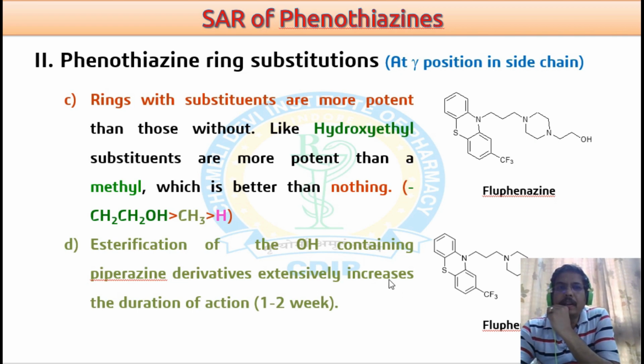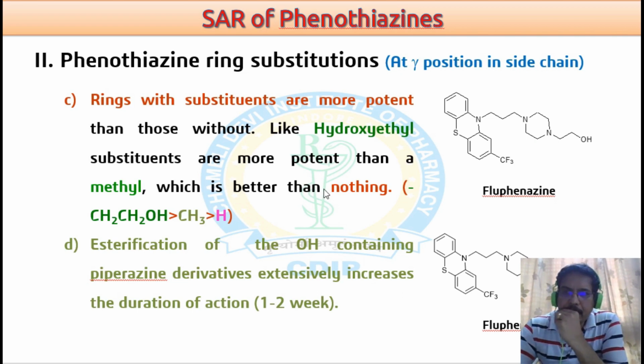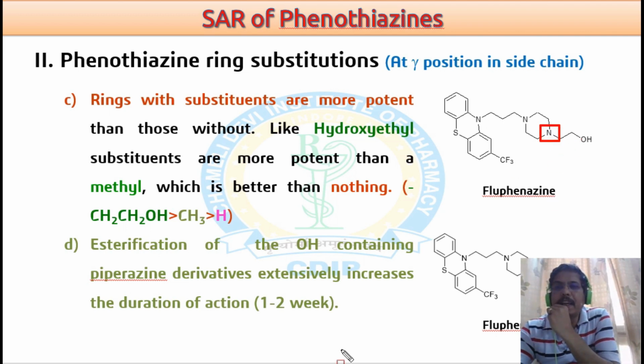If you go for further substitutions in the piperazine ring, there is the possibility on the 4th place where we can move for further substitutions, and there may be substitutions like hydroxyethyl, meaning CH2CH2OH, or methyl, where we can incorporate only CH3 on this 4 nitrogen, or unsubstituted, meaning there is only hydrogen.